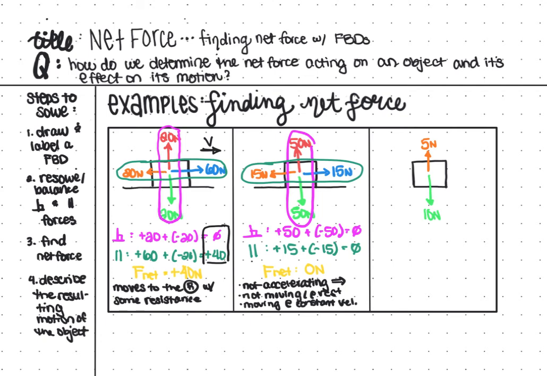Again, think about what is perpendicular, what is parallel, what is our net force, and then how would you describe what's going on? What explanation could you give? And certainly there are a couple of different options.